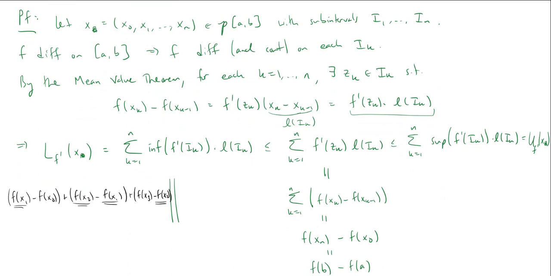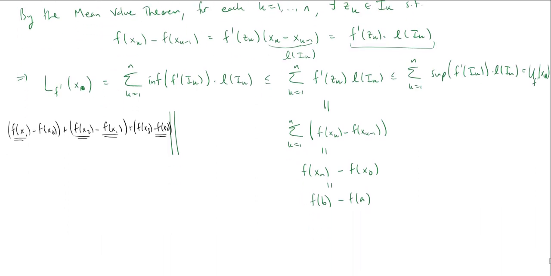But this was true for any partition, right? We didn't put any restriction on this. And so now we can finish this off. So this implies that if we look at the lower integral of f prime, we know that this is equal to the supremum over all partitions of the f prime lower sum of the partition.